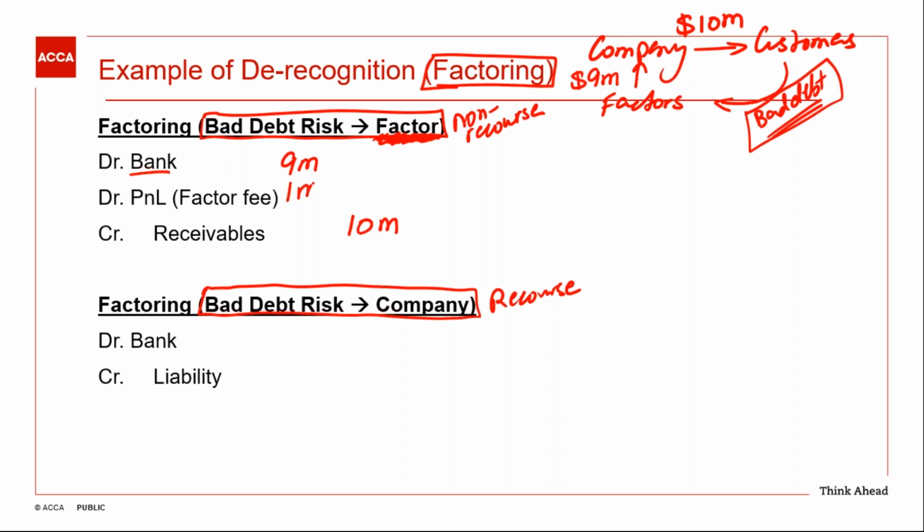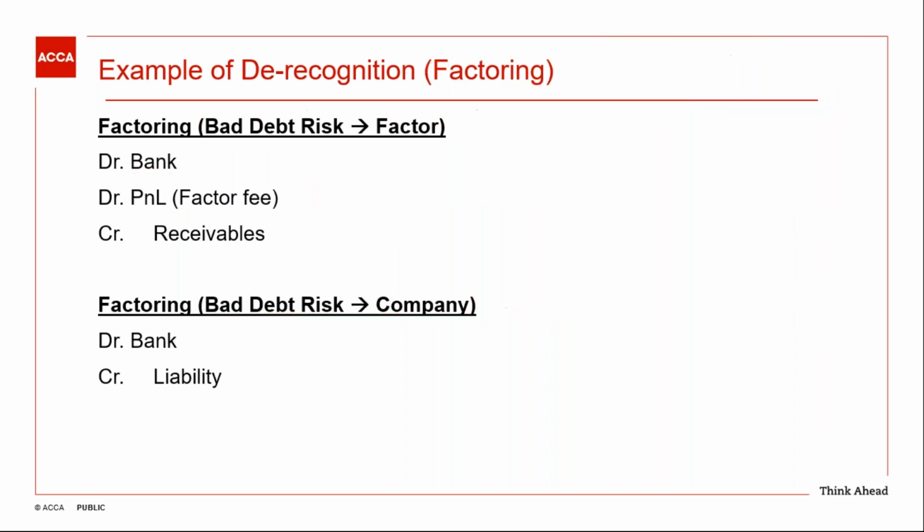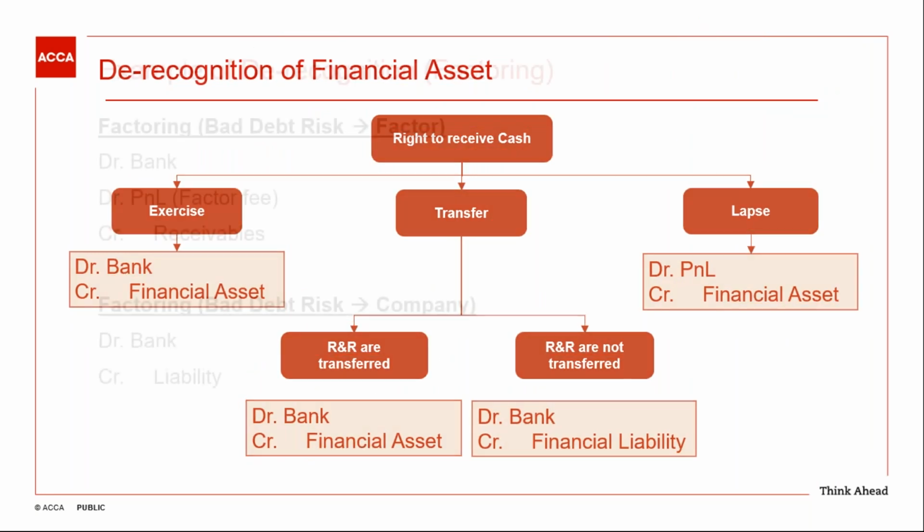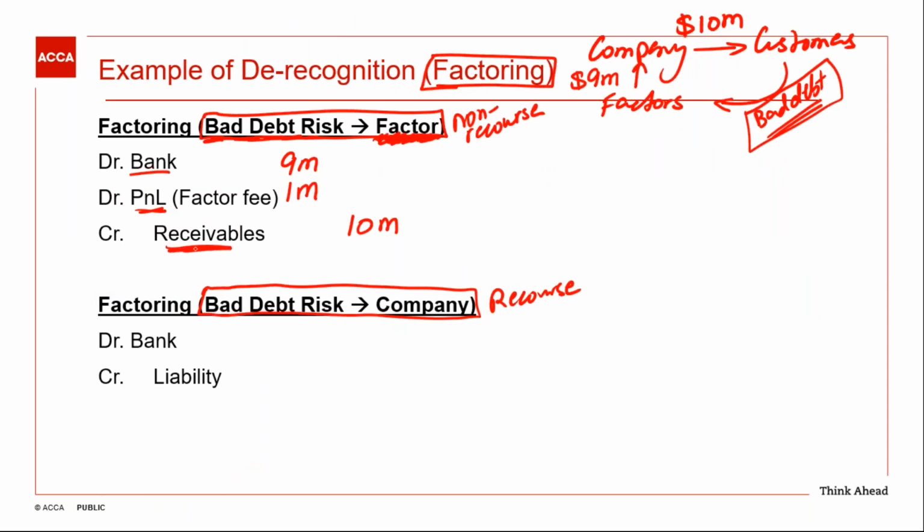And on an immediate basis, we are going to record 1 million as an expense in the P&L. So because in this case the bad debt risk has been transferred to the factor, this means that the risk and rewards have been transferred. The entry is de-recognizing the financial asset, which means de-recognizing the receivables.